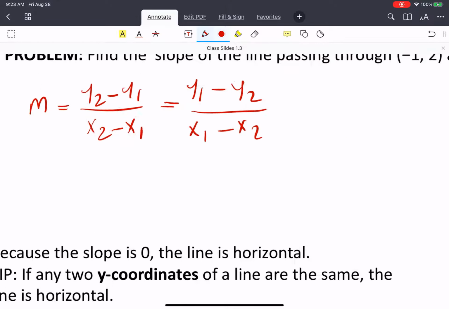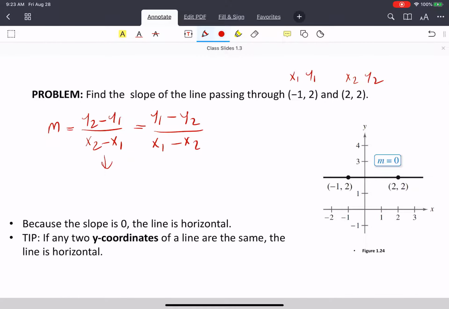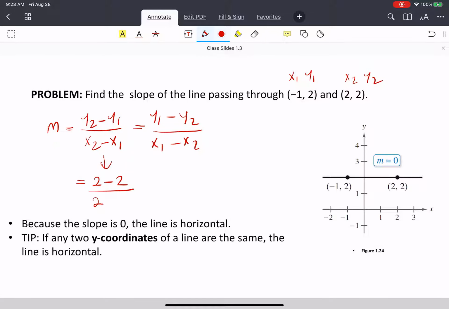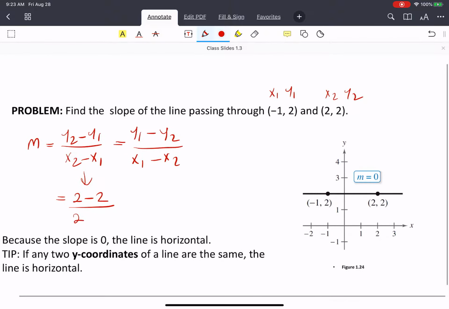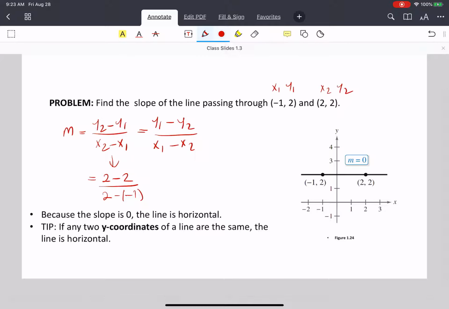I decide to do this one. So I'm going to say 2 minus 2 over x2, which is 2, minus x1, which is negative 1. So 2 minus minus 1. This leaves me 0 on the top and 2 plus 1 on the bottom, because minus minus makes it plus. So 0 over 3, which happens to be 0.